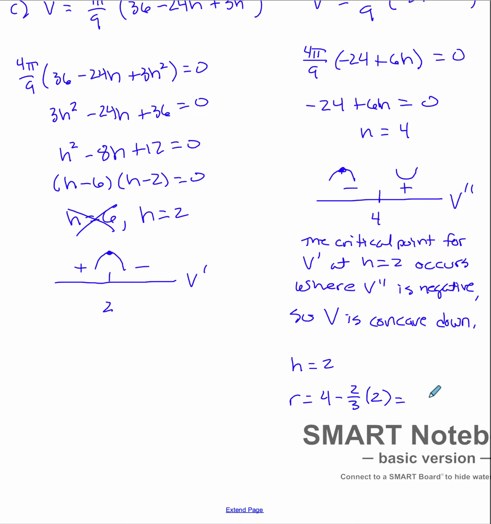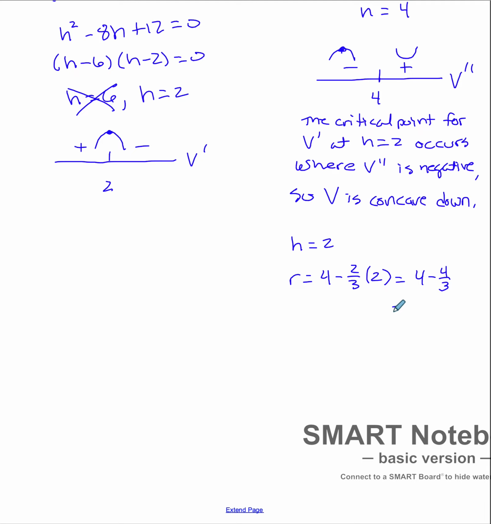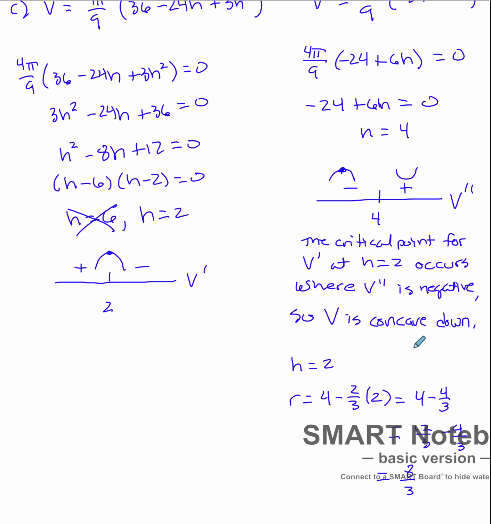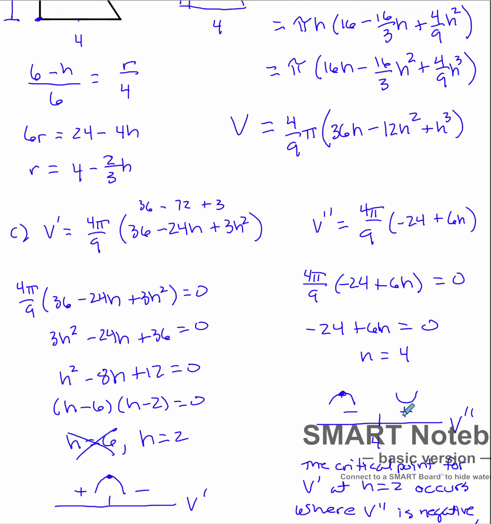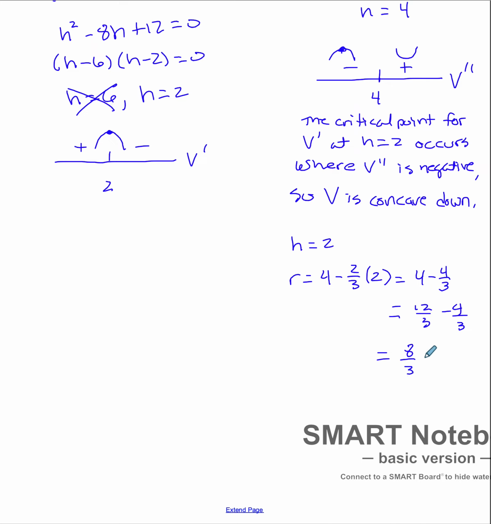So that's equal to 4 minus 4/3. And 4 minus 4/3, if you want to do it in your head, maybe 1 1/3. Actually, I'd rather make 4 have a denominator of 3, so that's 12 over 3 minus 4 over 3. So the radius would be 8/3. That has to be less than 4 since the max radius is 4, and 8 over 3 is 2 2/3. So there you go.